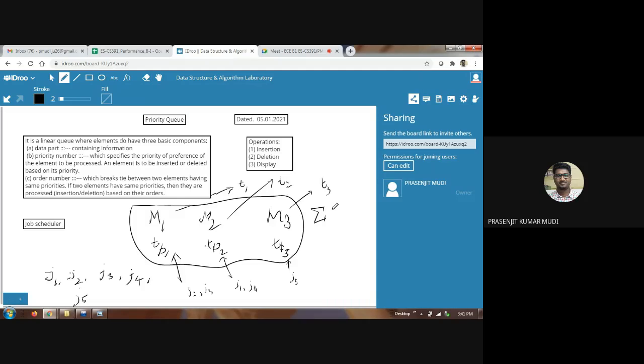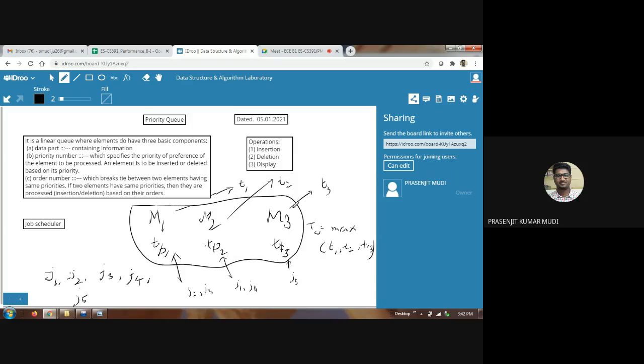Not a summation, we can say the completion time TC is equal to the max of T1, T2, T3, because they are all parallel processors, all performing the jobs in parallel.